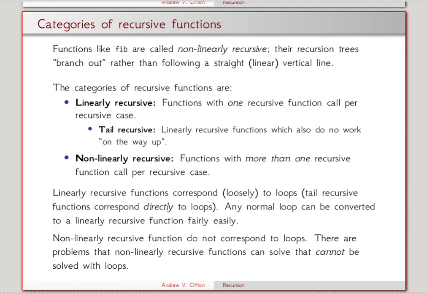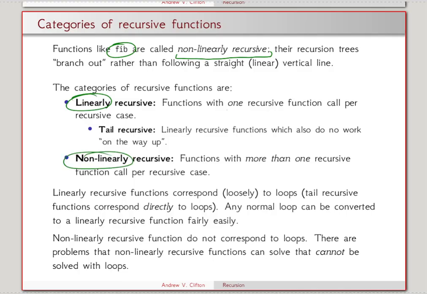So functions like fib are a little bit different, right? The tree looks different than when we did the count or the sum functions. They are called non-linearly recursive. Their recursion trees branch out rather than just going straight down and straight up. So our categories of recursive functions are linearly recursive and non-linearly recursive.